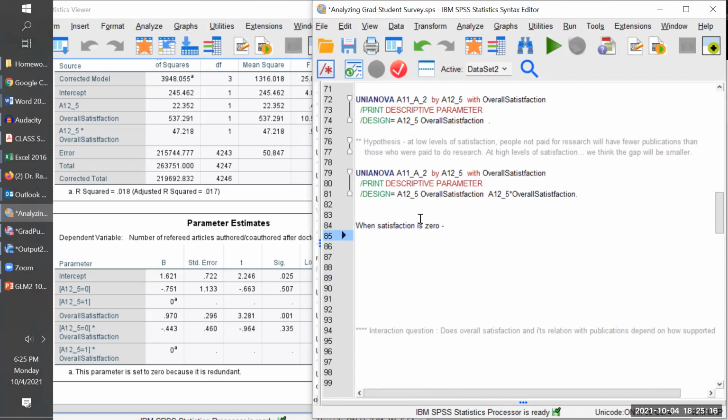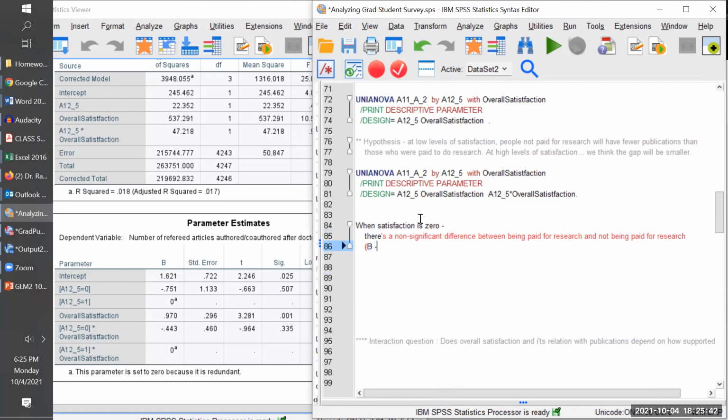Who can come up with one? Here's your clue. When satisfaction is 0.